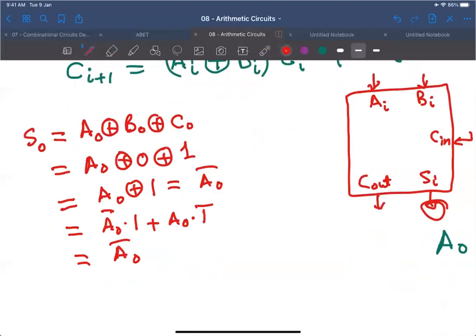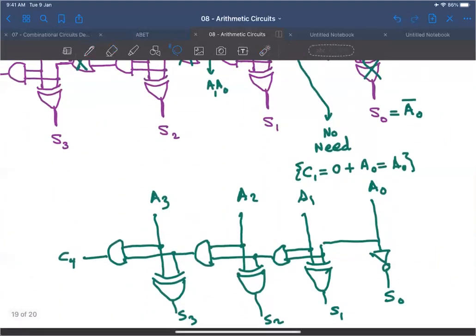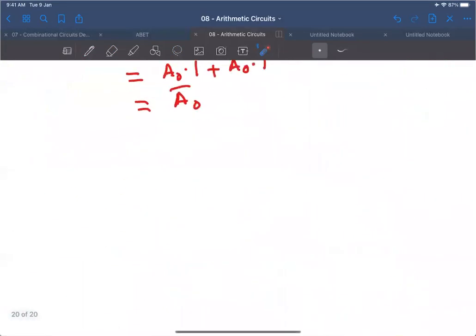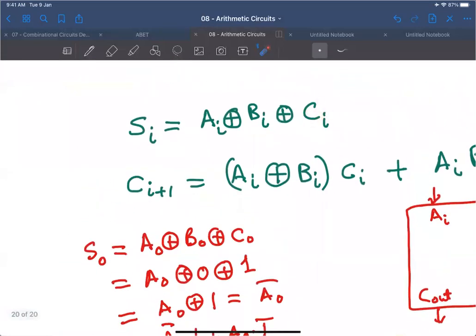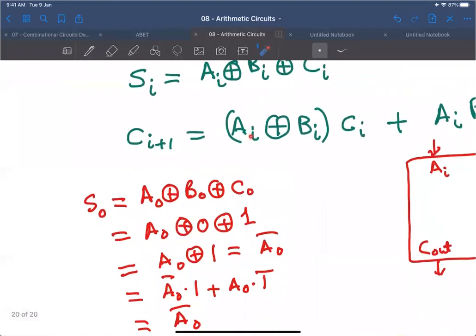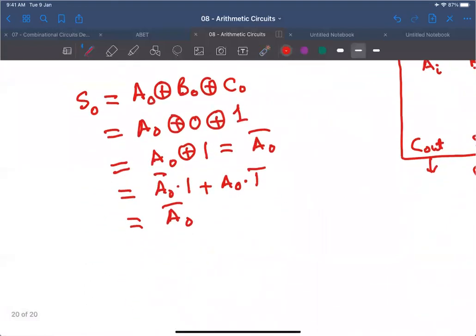So now we proved that S0 is correct here, okay? S0 is nothing but A0 complement, okay? What about S1? In order to calculate S1, you need C1. What is C1? We can use this formula to calculate it, okay? C1 is going to be what?